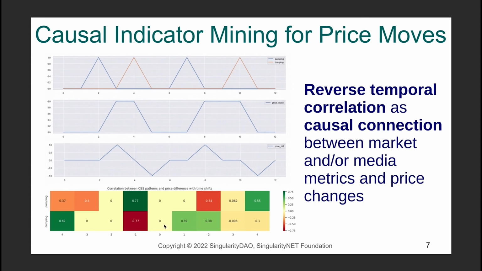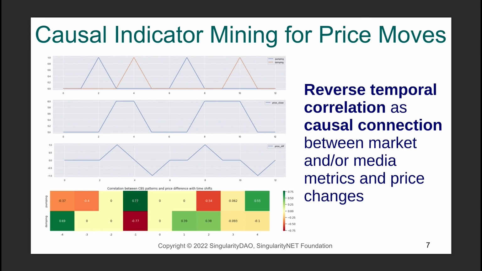And underneath you see the heat map, where the price difference plot shifted 1 point back and correlated with the respective pumping or dumping indicator reflects a highly positive correlation at minus 1 point, 0.77, and a highly negative correlation with the dumping indicator at minus 0.77.